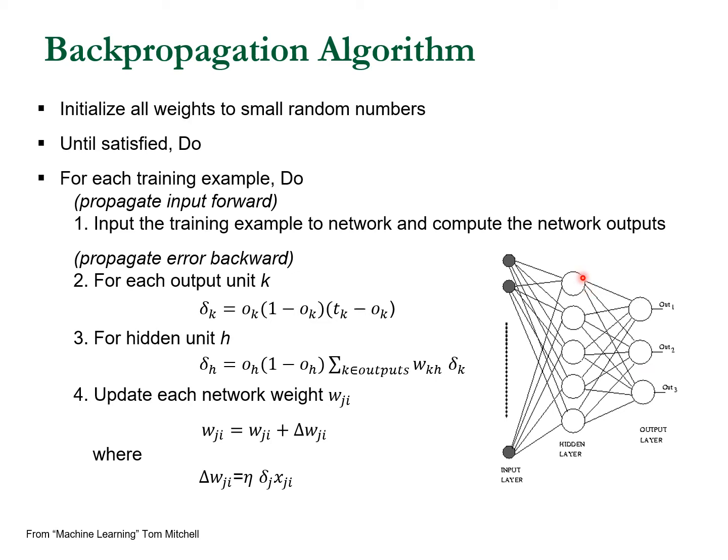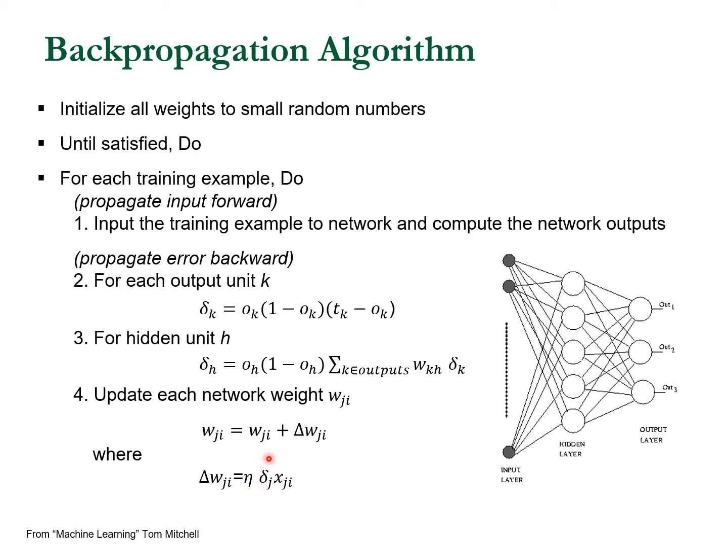For example, you want to update this weight value here. The current value of this weight is this, and let's compute delta Wji. The delta Wji is a learning rate, some constant, times the input, which is given.